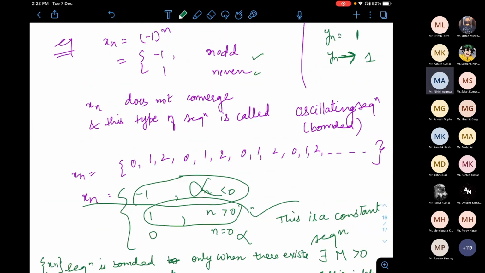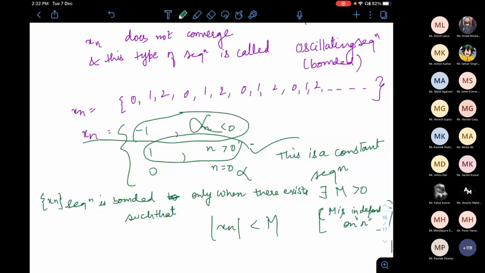Ma'am, have you used the floor function this time? In the last line, is xn inside the floor function or the modulus function? Modulus. Clear?